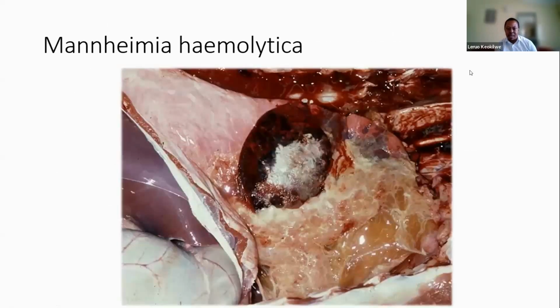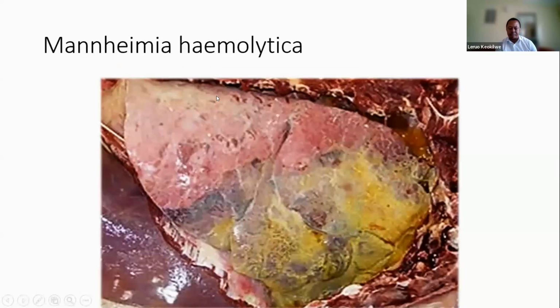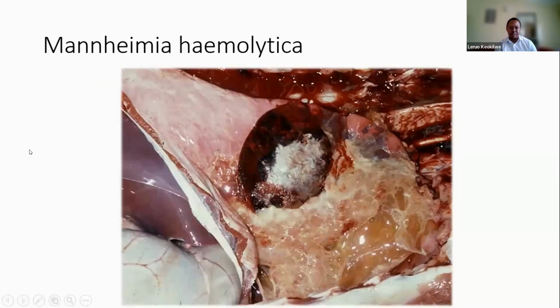So this is Mannheimia hemolytica, and we can see that there's a portion maybe of normal lung, but it's important to focus on the pathologic area where we see a lot of consolidated, red consolidated lung and a lot of fibrinous effusion in the lung and involvement of the pleura and the lung.